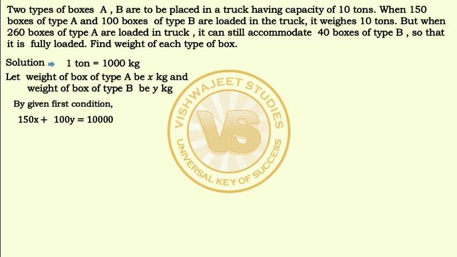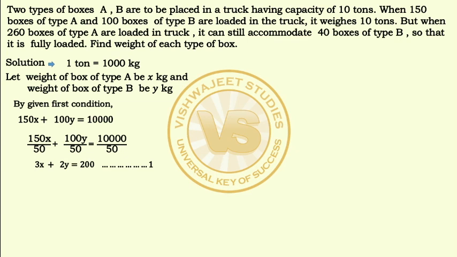So by this condition we get the equation 150x plus 100y is equal to 10,000. To get a simple equation, we have to divide each term by 50. 150x upon 50 plus 100y upon 50 is equal to 10,000 divided by 50. After division, we get 3x plus 2y is equal to 200. This is our equation number 1.